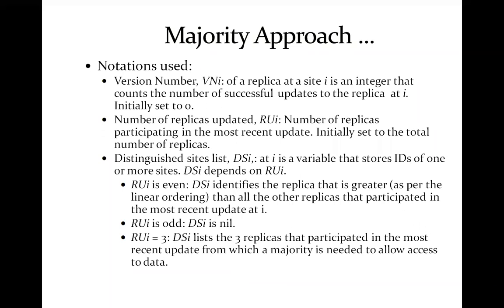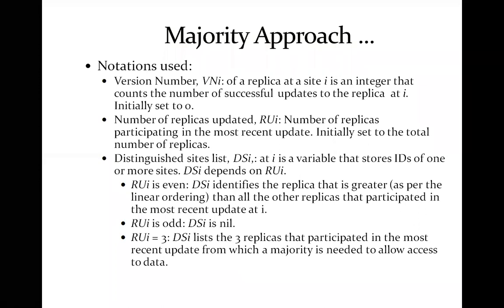So these are the 3 variables associated with each replica: version number, replicas updated, and the distinguished site list, which are of more concern related to the majority approach of the voting protocol.